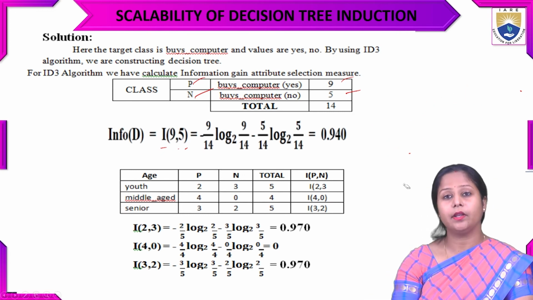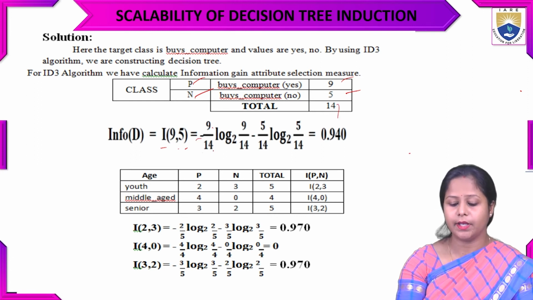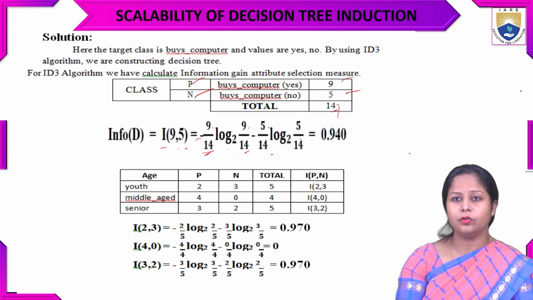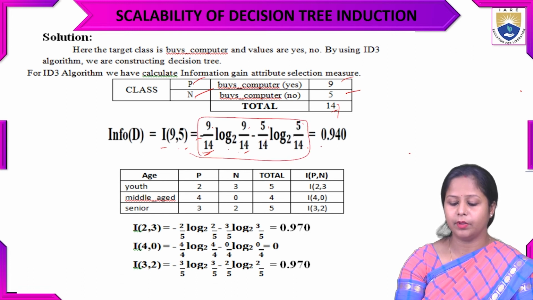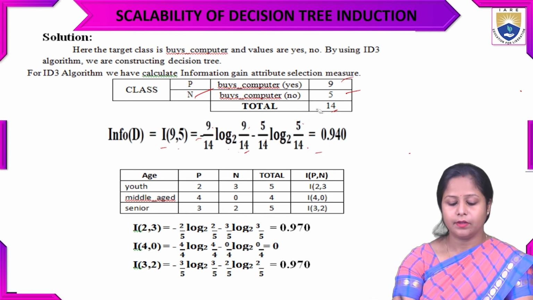So here we have taken minus 9 upon 14 log 2 of 9 upon 14, minus 5 upon 14 log 2 of 5 upon 14. The calculation of the whole will be 0.940, which is very near to 1.